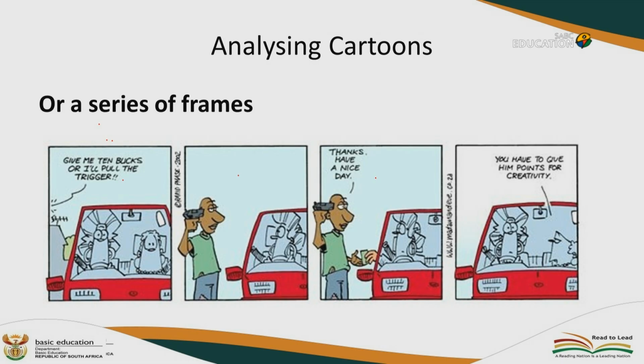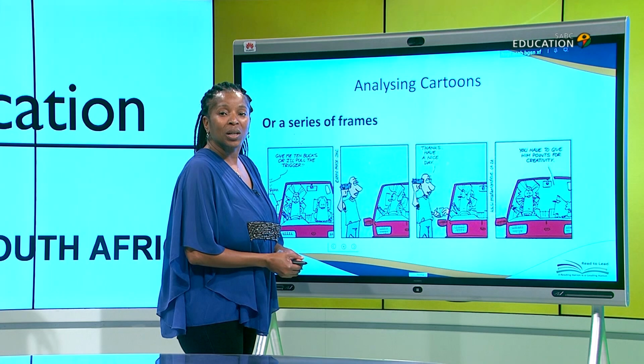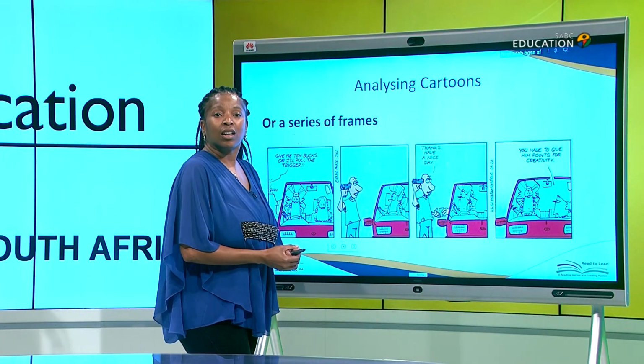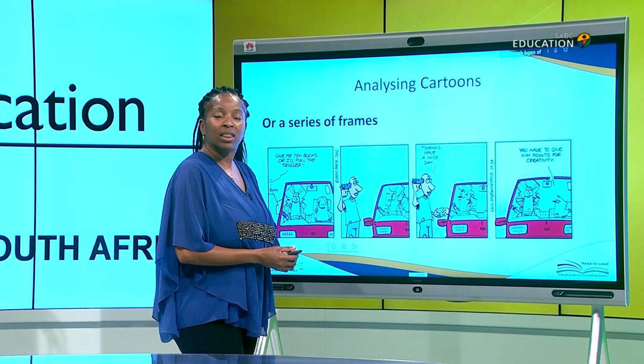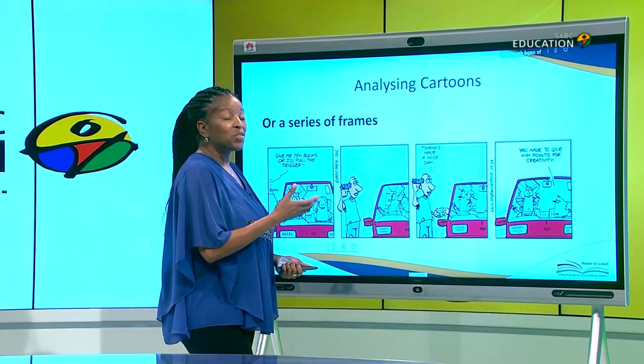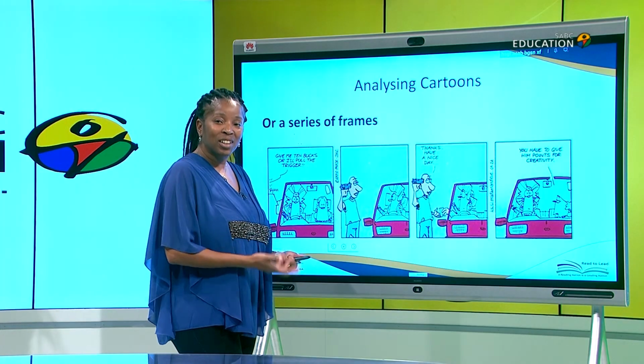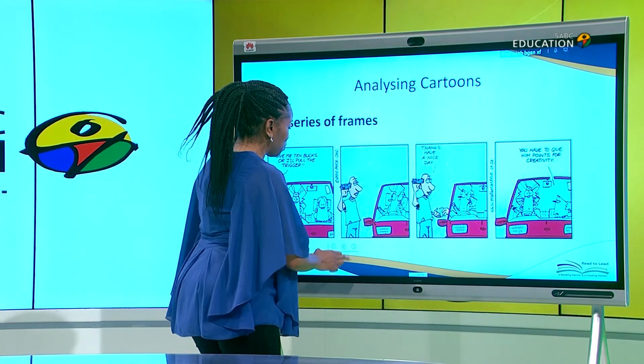And obviously, because she's so shocked in the third frame, she gives him the money, and the thug says, thanks, have a nice day. And the last frame, you have to give him points for creativity. And this is where the punchline is, because honestly, as much as it is so shocking what they just experienced, it is funny that this man threatened his own life if they don't give him the money.